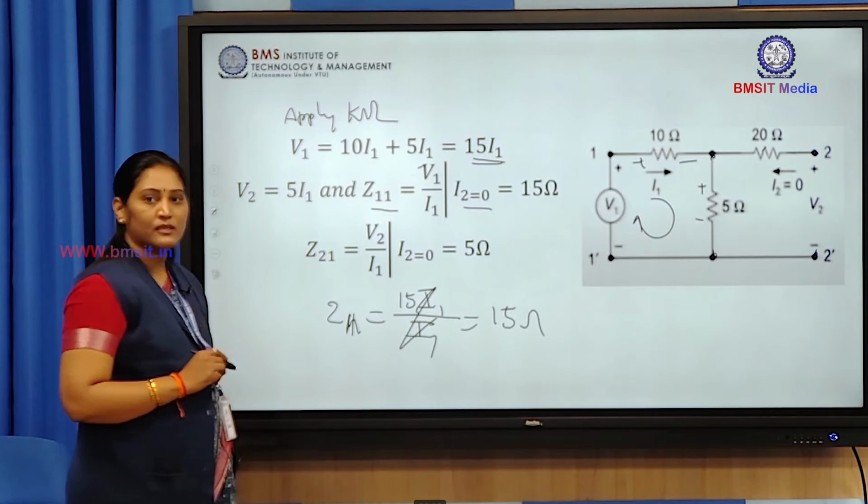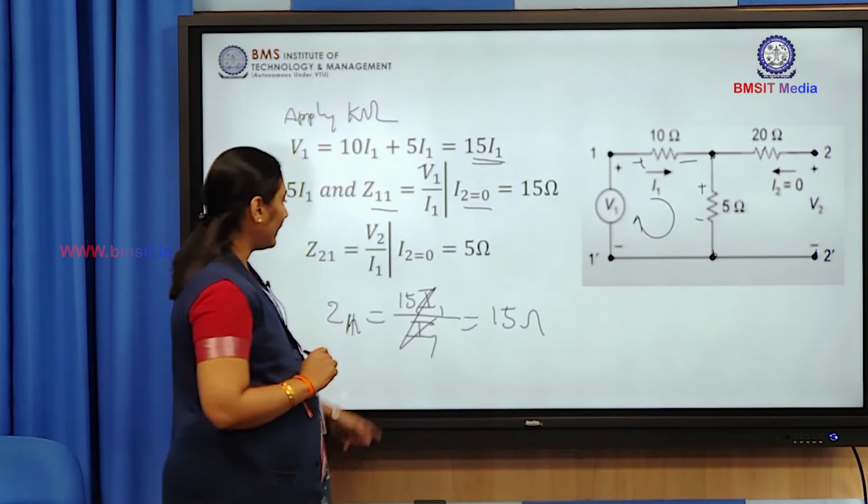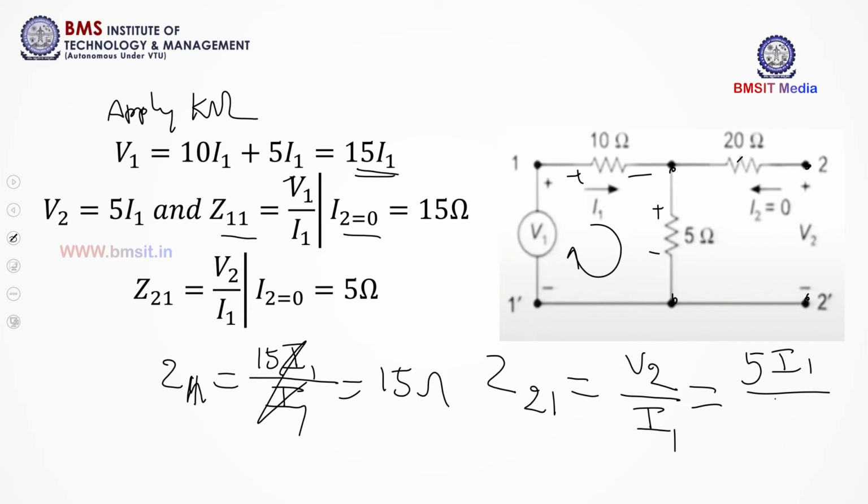Similarly, the Z21 expression is Z21 equal to V2 by I1, with I2 equal to 0. What is V2 now? It is 5 I1 divided by I1.